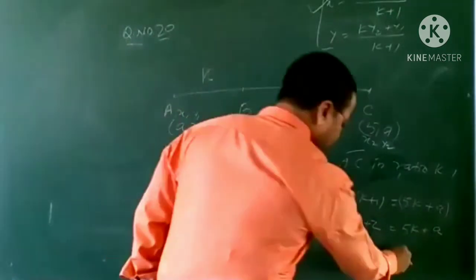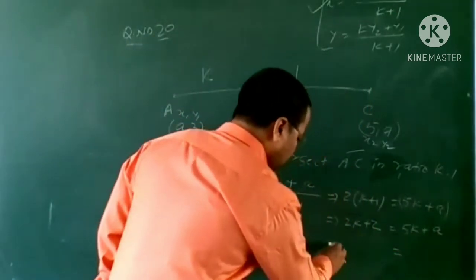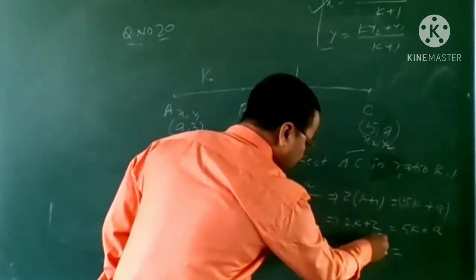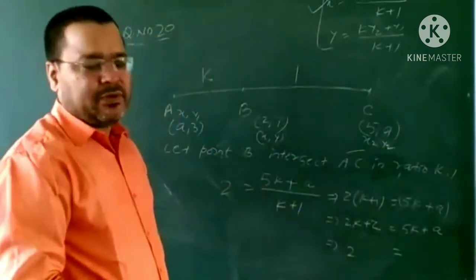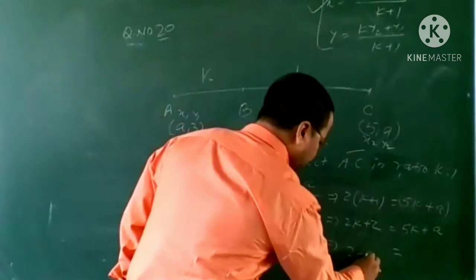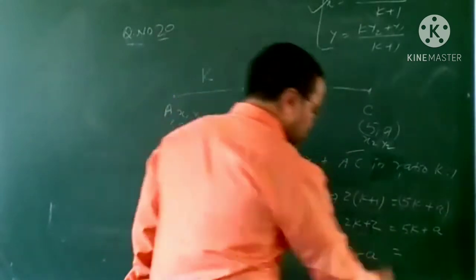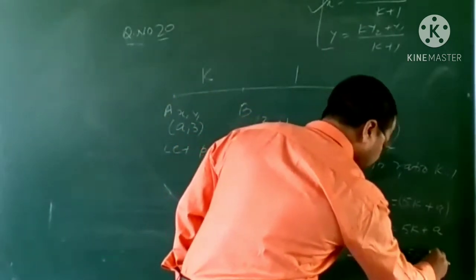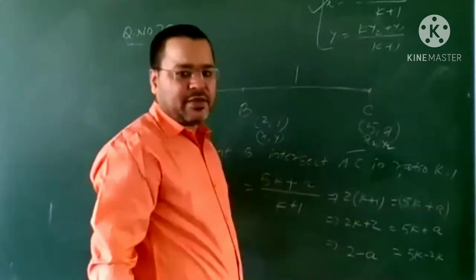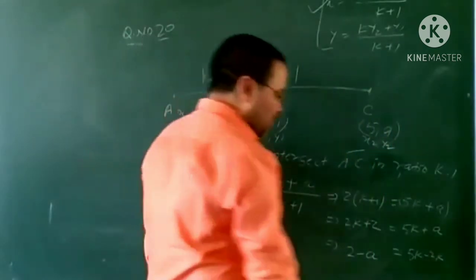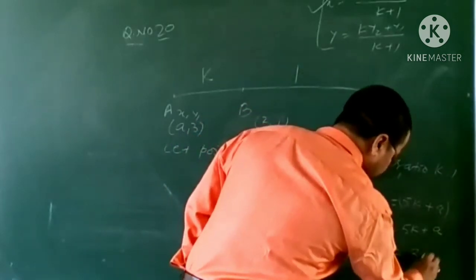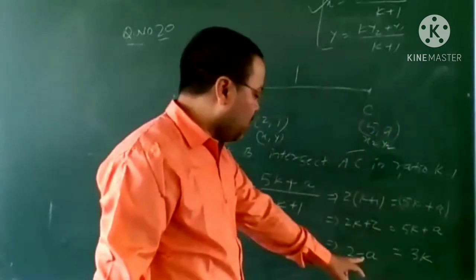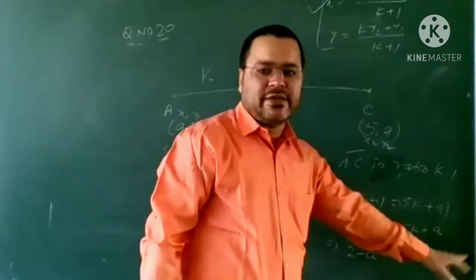Now take k to one side. Here a, if it comes to the left-hand side, will be negative. It will be 2 minus a is equal to 5k minus 2k. 5k minus 2k is 3k. It means 2 minus a is equal to 3k.